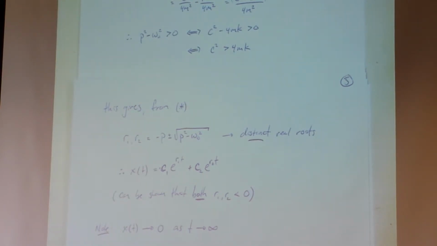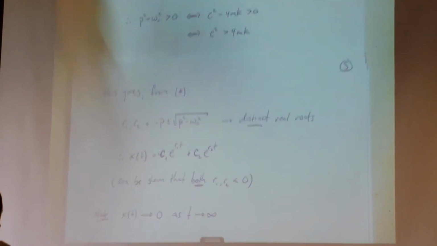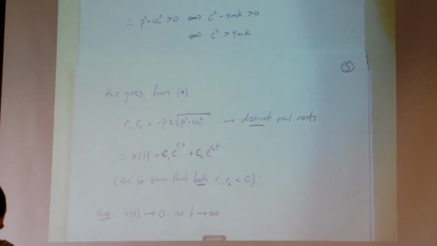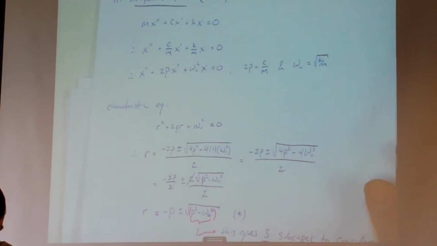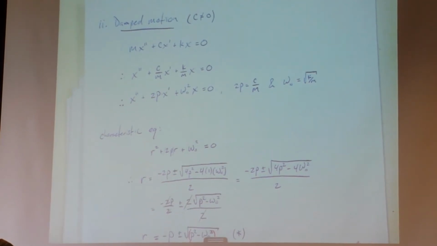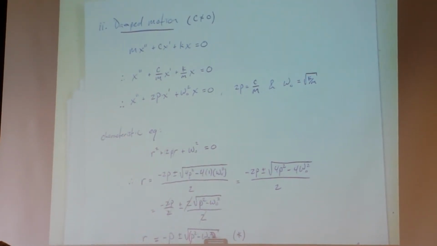What other case could we have? So our cases were broken up in part 2. There are 3 subcases. The first one, p squared minus omega naught squared, could be greater than 0. What's another case for the radicand there?